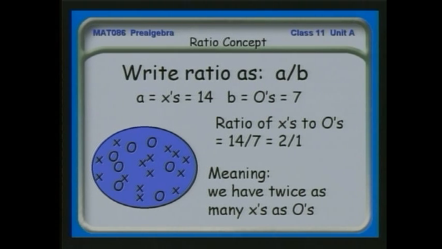And since you're writing it as a fraction A over B, you always try to reduce things to the lowest terms, and that would make the information easier to understand. For example, if I told you there are 2 X's for every O, you can see that much more clearly in the ratio 2 X's to 1 O than you could in 14 to 7, although that carries information as well.